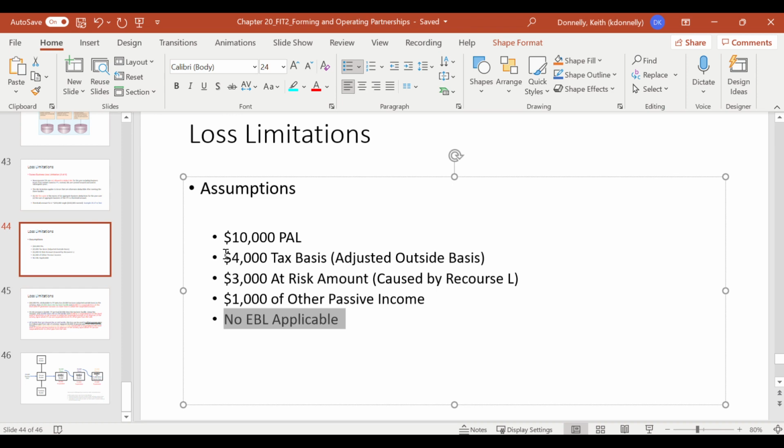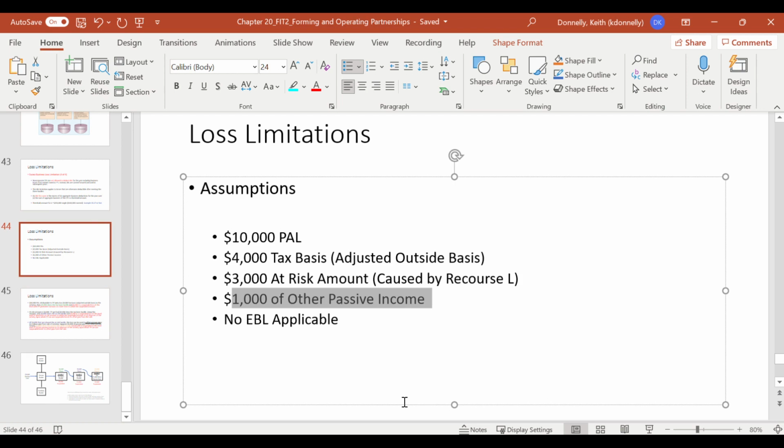It's a passive activity. We have a $4,000 tax basis. So maybe we put property in there that had $4,000. Let's assume our at-risk basis, when we adjust it for our non-recourse debt, we back that out, is going to be $3,000. And then let's assume that we have another passive activity, so a separate partnership that has $1,000 of passive income, right?